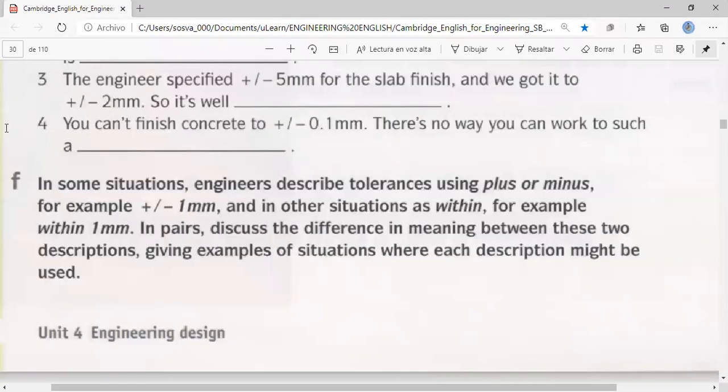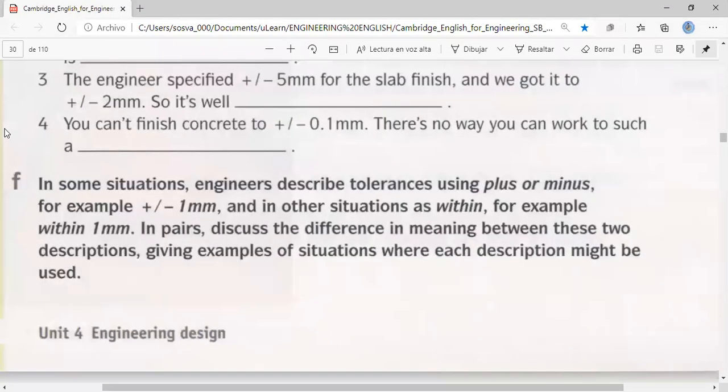It says F: In some situations, engineers describe tolerances using plus or minus, for example, plus or minus 1 millimeter. And in other situations, as within, for example, within 1 millimeter. So it's the same. You can say within or you can say plus or minus. It depends on the engineer and the situation.